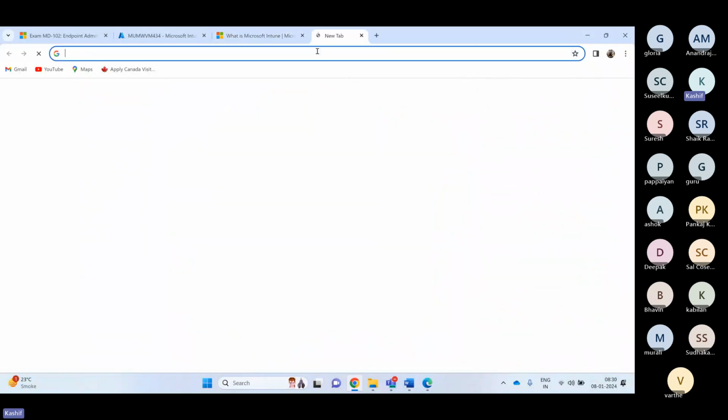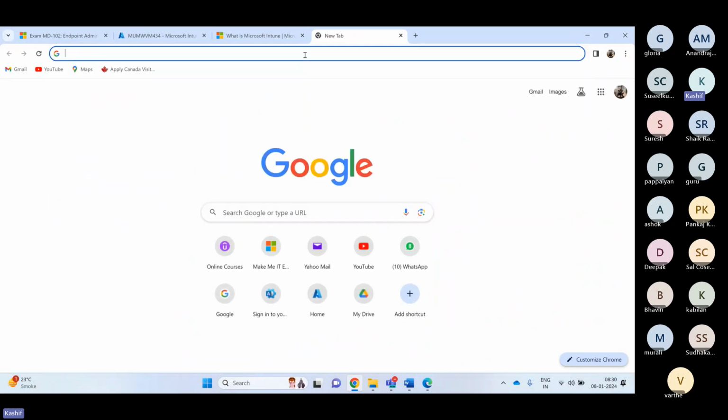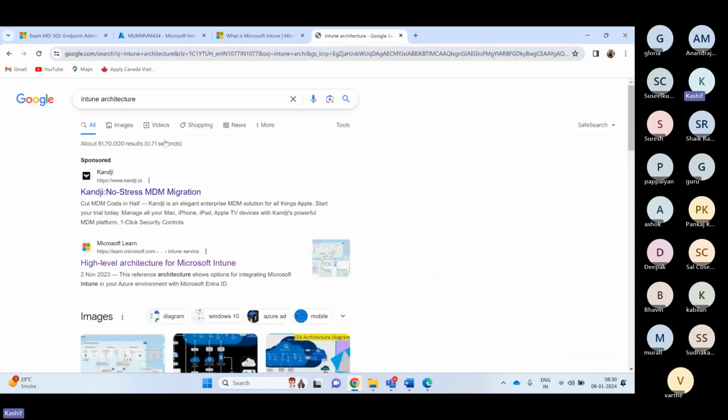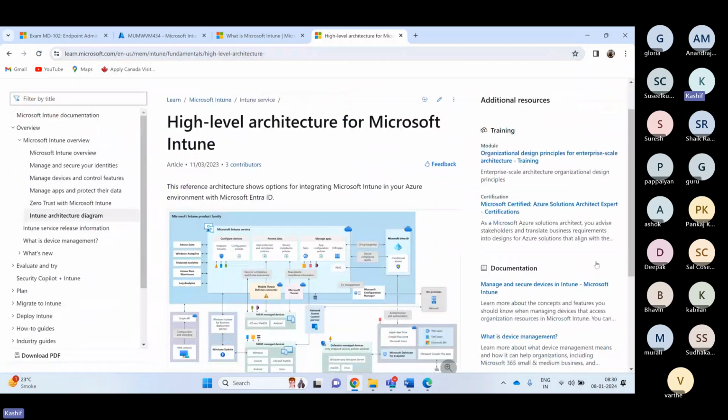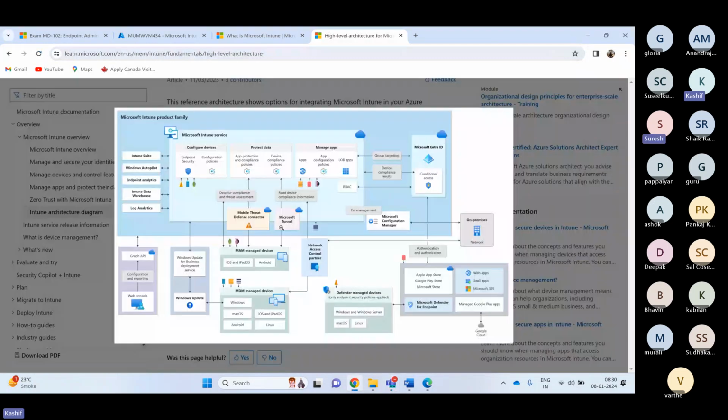Okay, now how Intune is designed. So Intune architecture. Intune is basically designed by Microsoft itself. You don't have to design the architecture, unlike SCCM. In SCCM, we have to do it ourselves, where we have to keep our server, where we have to keep our database and all.